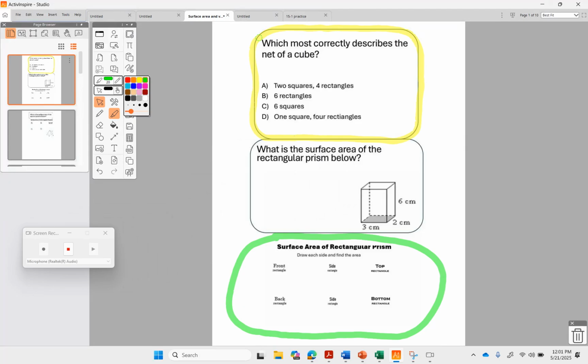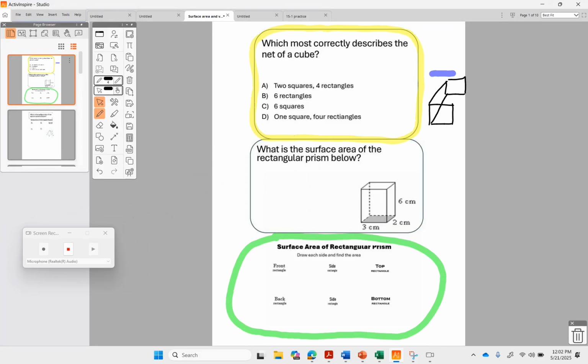So the first question, like question number 1 on the test, would say, what most correctly describes the net of a cube? So a cube would look something like that.